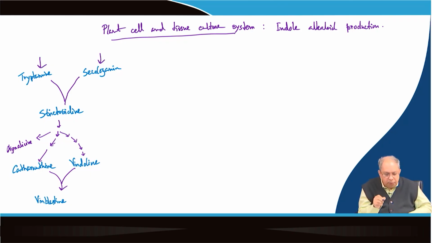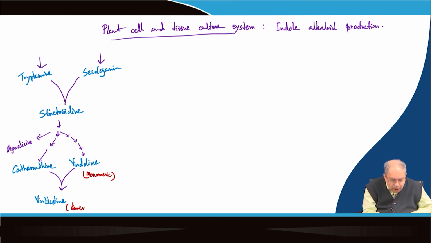So, cell culture failed to produce the alkaloids like vindolin and catharanthine, which are monomeric indole alkaloids, and I have made it clear in the earlier class that vinblastine and vincristine are dimeric.